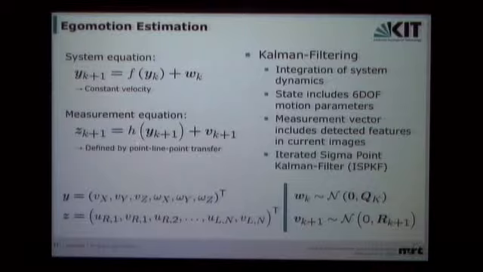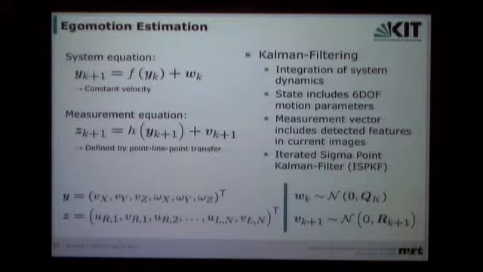With that measurement equation, since we have feature correspondences in the current frame, which we take for granted, and we have the belief in the current velocity, we can predict the position of these feature vectors in the upcoming stereo frame. This is our measurement equation.